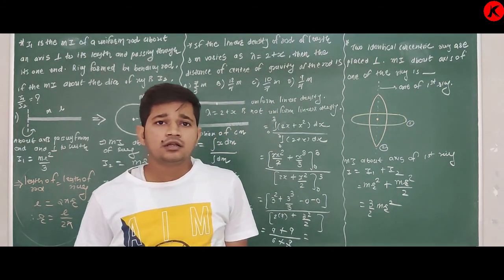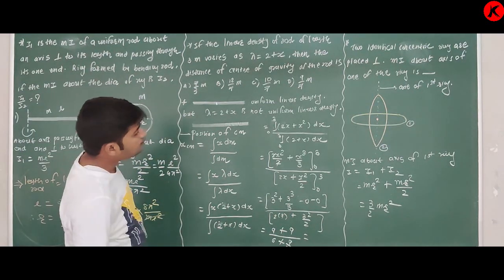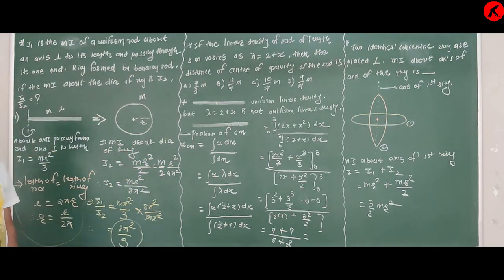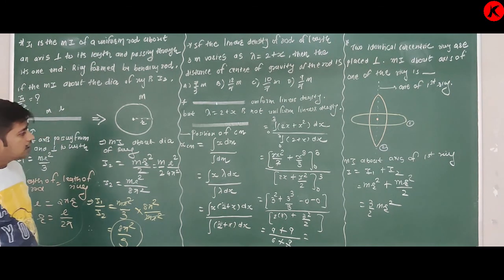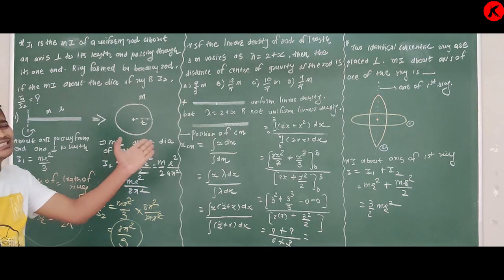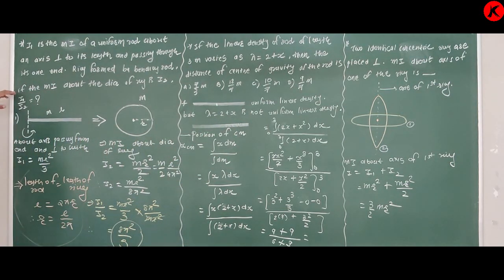Clear? Okay, so how to find MCQs? You can change all these questions with the help of some other variation. In the first question you are given the moment of inertia about an axis passing through one end.